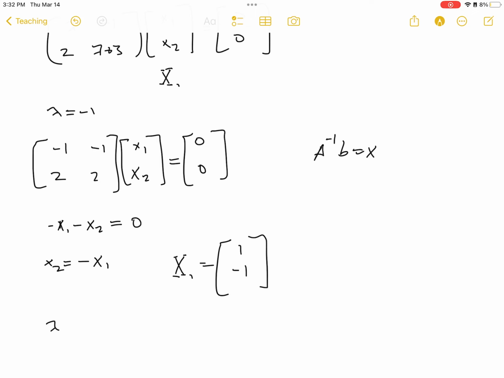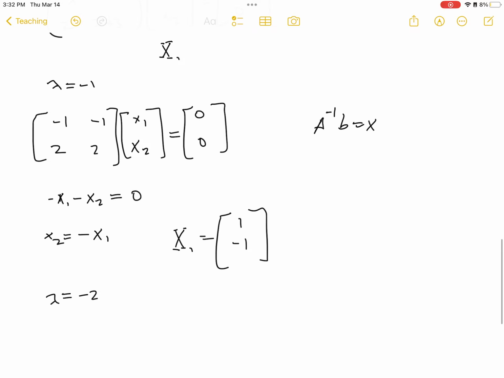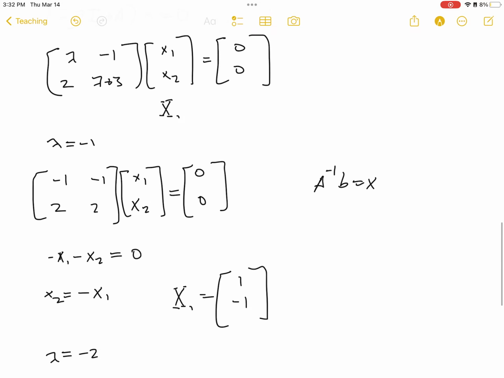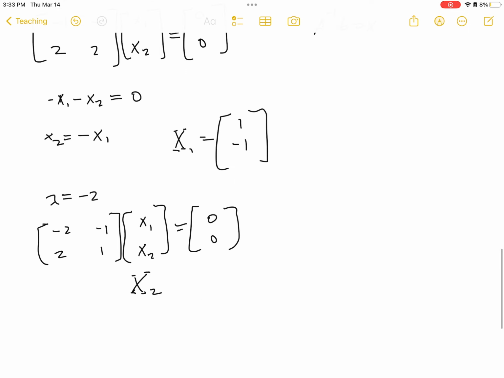We'll do the same thing for lambda equals minus 2. And so we'll just plug it in. So we have lambda, so minus 2, minus 1 in the first row, and 2, lambda plus 3. So minus 2 plus 3 is 1. So this times x1, x2, so these are the two elements of capital X2, equals 0, 0. And so for this one, both of these equations tell us more or less the same thing.